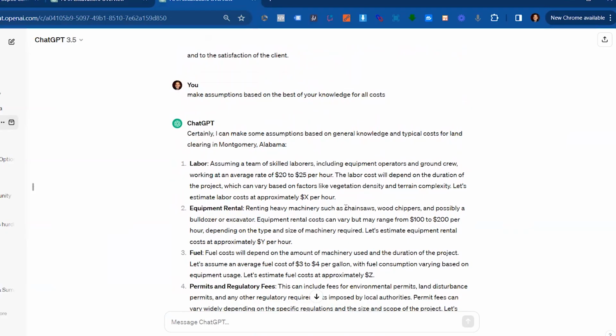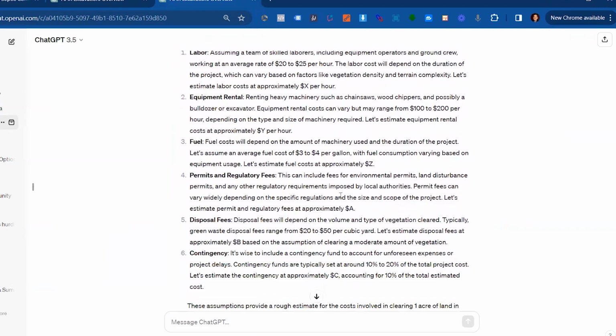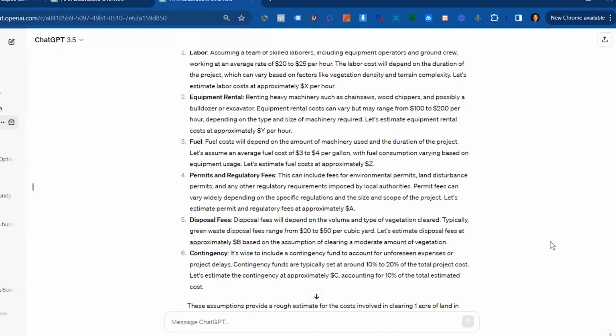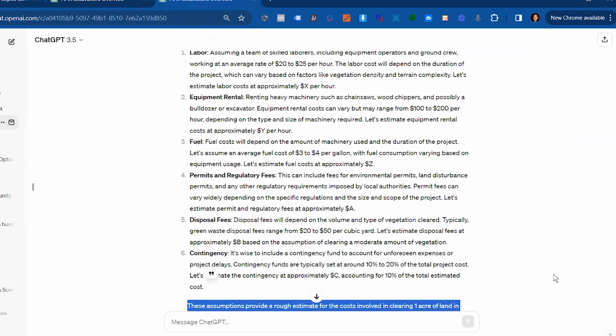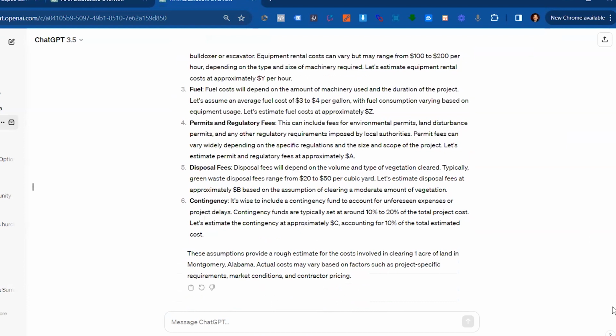Labor, it's saying $20 to $25 an hour, equipment rental $100 to $200 per hour, fuel $3 to $4, permits and regulatory fees, disposal fees, contingency of 10 to 20% based on risk of things that could happen. And then it kind of outlines the costs in this way. And so I think that's enough to get you on the right track with thinking about ways to profitably bid on projects.